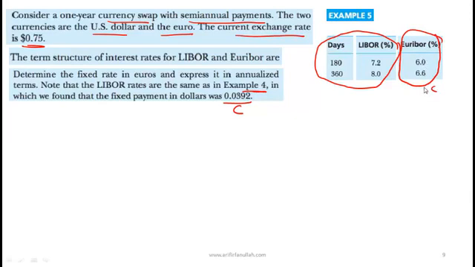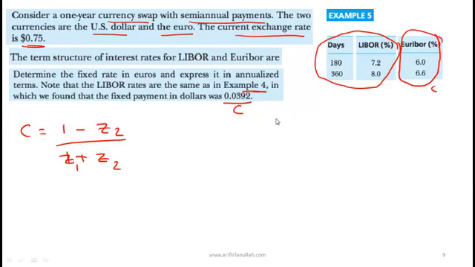Okay, so let's use the same procedure. Your C is (1 minus Z2) divided by (Z1 plus Z2), and these Z's are discount factors.